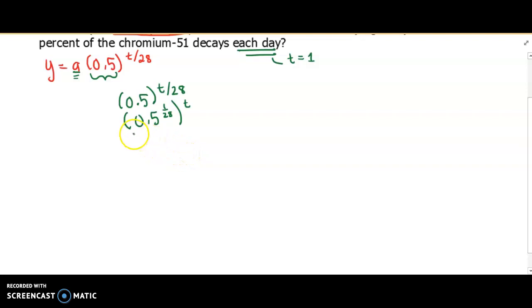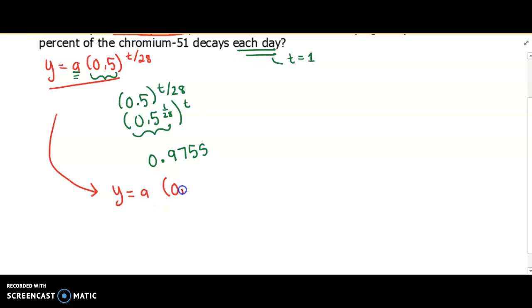If I put this in my calculator, I would get 0.9755. So this equation right here in red and the equation y equals a times 0.9755 to the t are the same exact things.